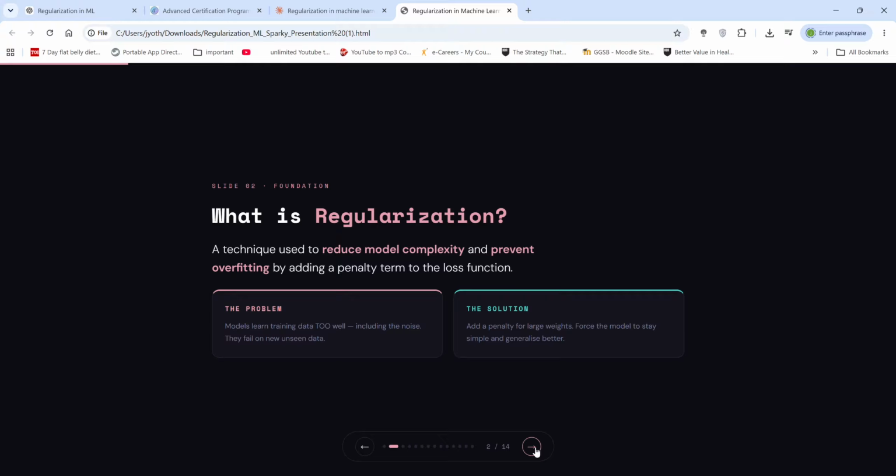Regularization is used to reduce the model complexity and prevent overfitting by adding a penalty term to the loss function. We will talk about what the penalty and the loss function are in the coming slides, but this is what is meant by regularization.